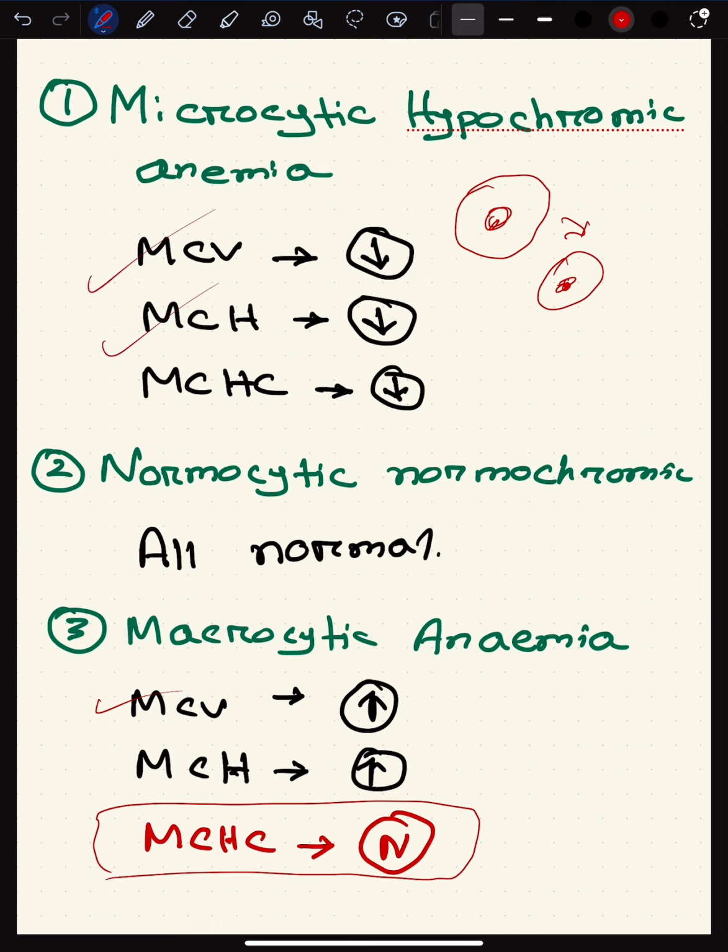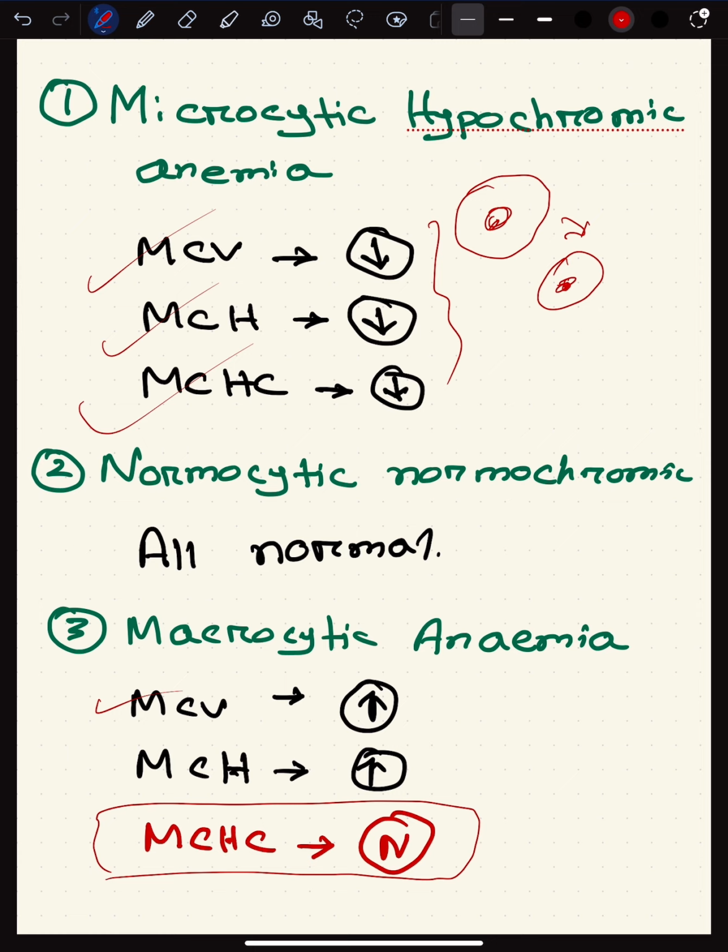And mean corpuscular hemoglobin, as I have told you, is like a small bottle: there will be less water, similarly there will be less hemoglobin. MCHC, the degree of filling: as the cell is smaller in size, the filling will be less. So all three of them will be decreased.